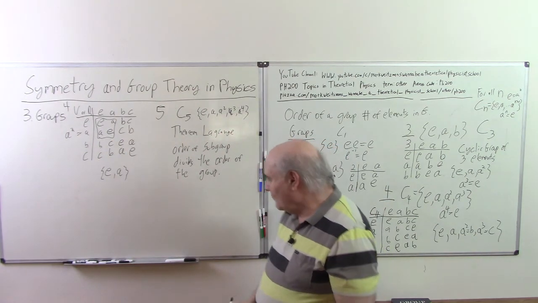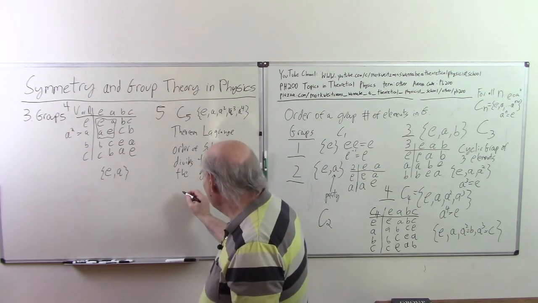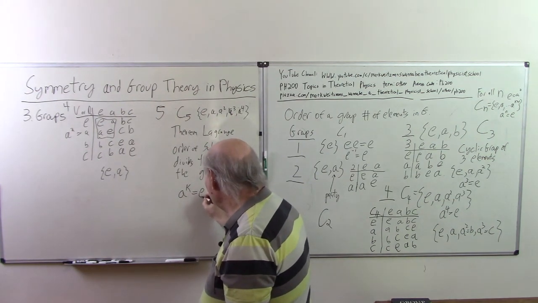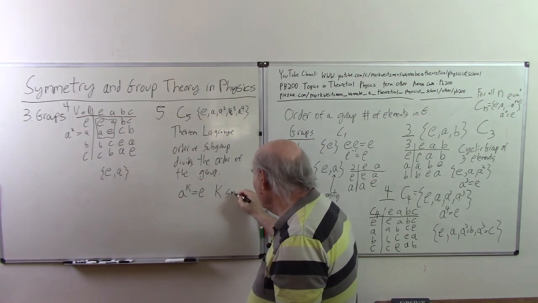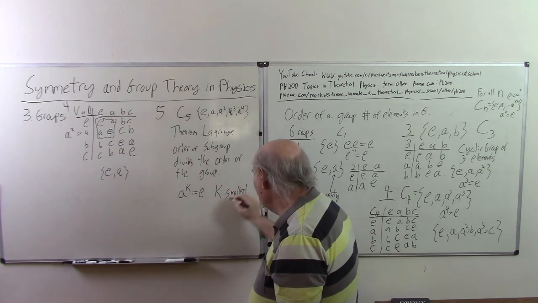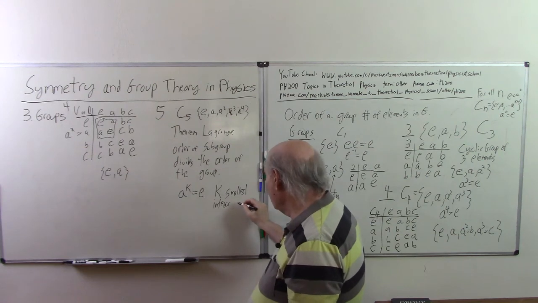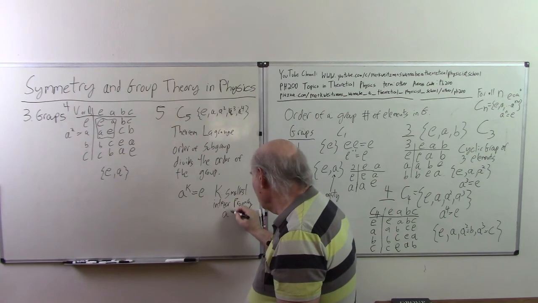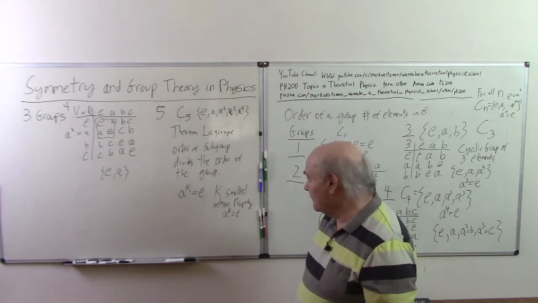I'll give you one more element of terminology which may come up, probably won't, but may. If A to the power K equals E, and K is the smallest integer with this property, then K is said to be the order of the element A. It's another use of the word order.